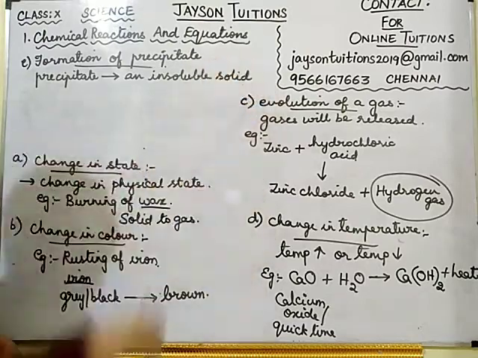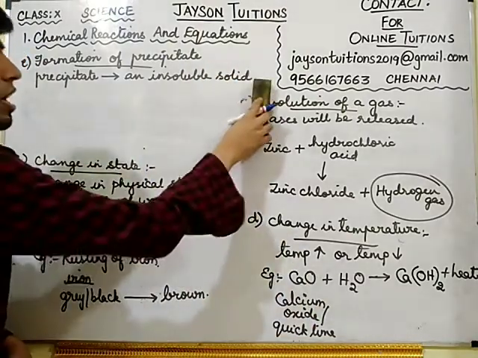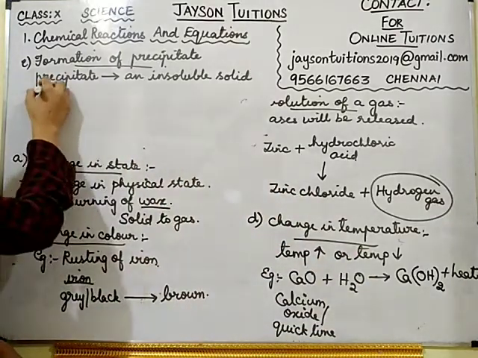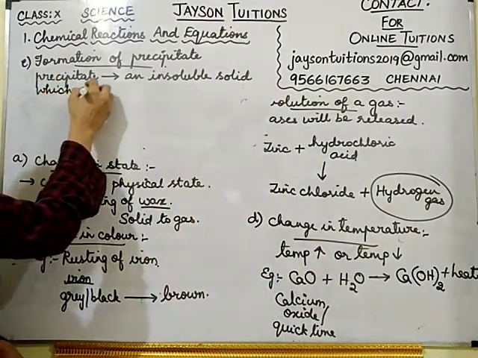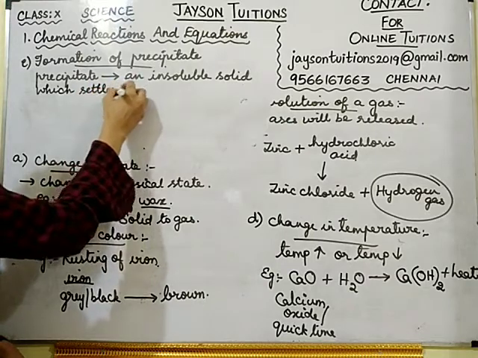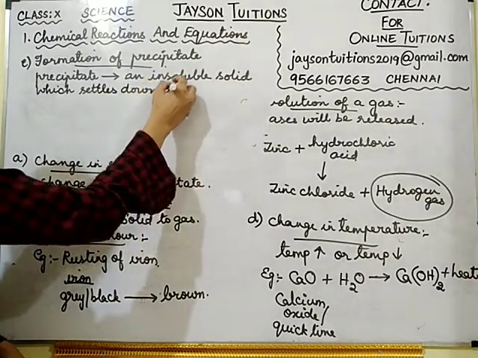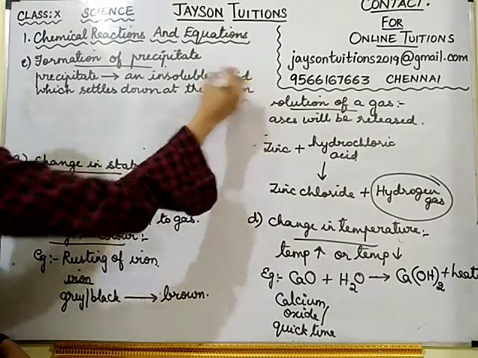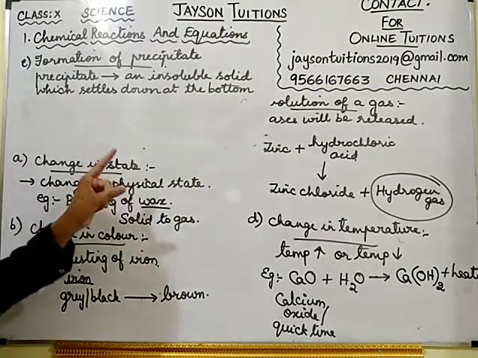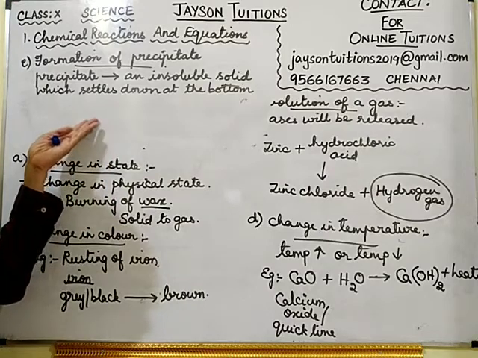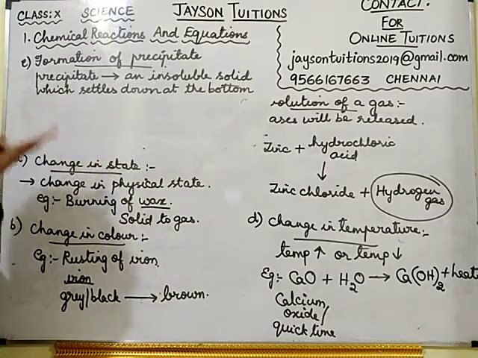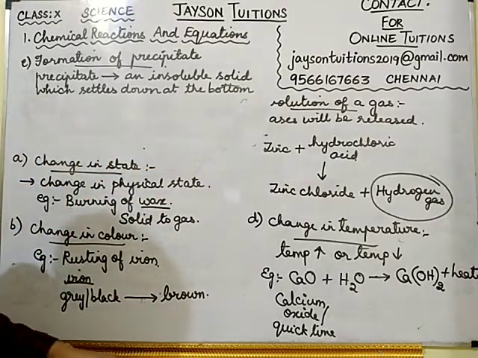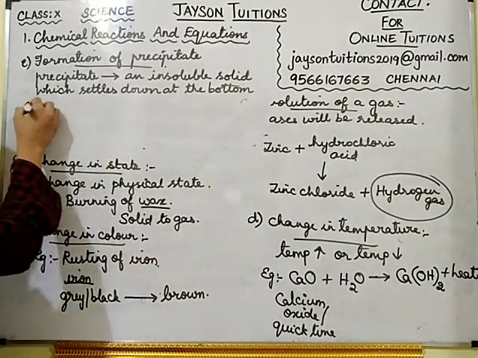An insoluble solid which settles down at the bottom, that is called a precipitate. So when you do the reaction, when any insoluble substance is settling down at the bottom, then you can say that a chemical reaction has taken place.